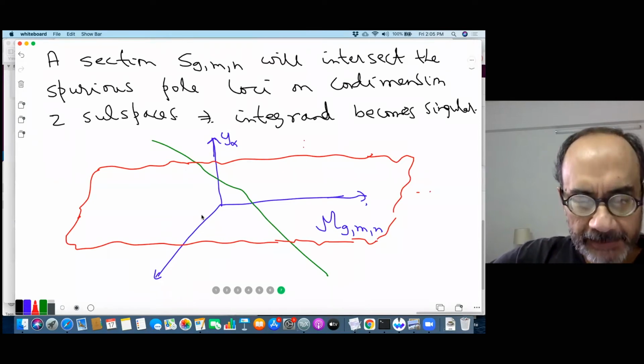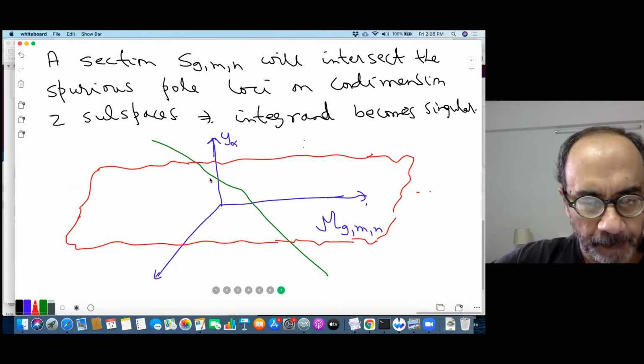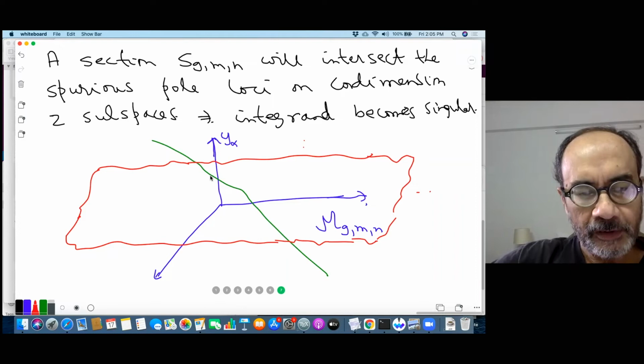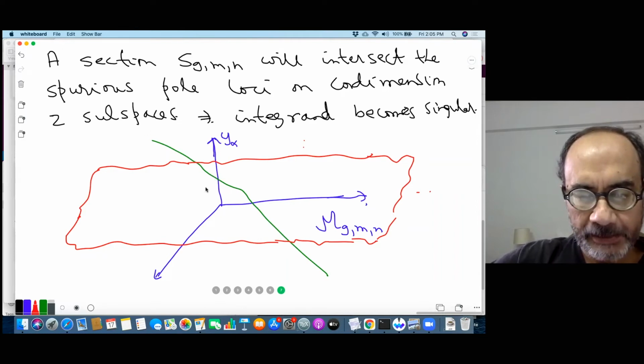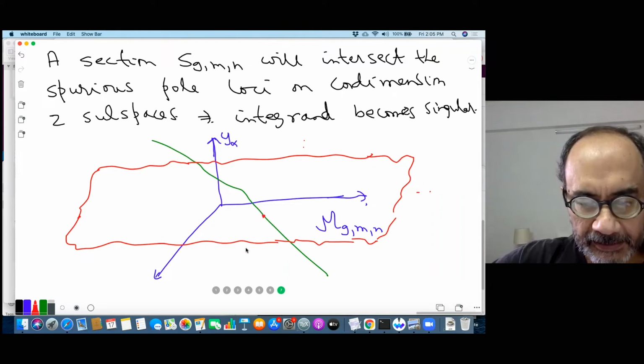So let me make this figure a little clearer. At some point, this spurious pole is going to intersect this locus. This is a one-dimensional line. This is a two-dimensional subspace. So it's going to intersect at some point. Let's suppose it has intersected here.